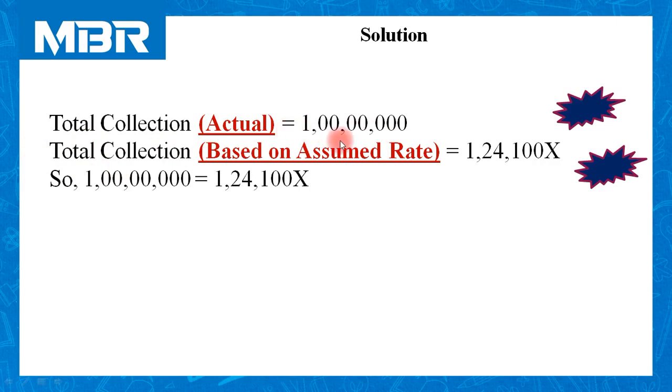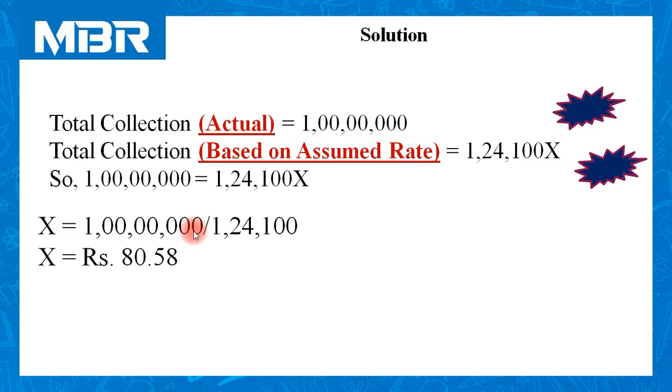So the amount of 1 crore equals 1,24,100x. When you compare these two factors, 1,24,100 shifts to the opposite side and x equals 1 crore divided by 1,24,100.